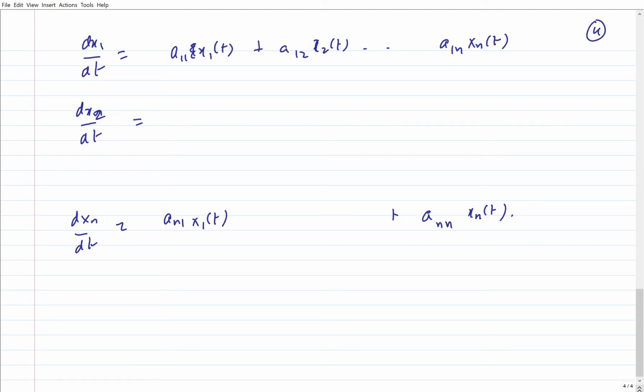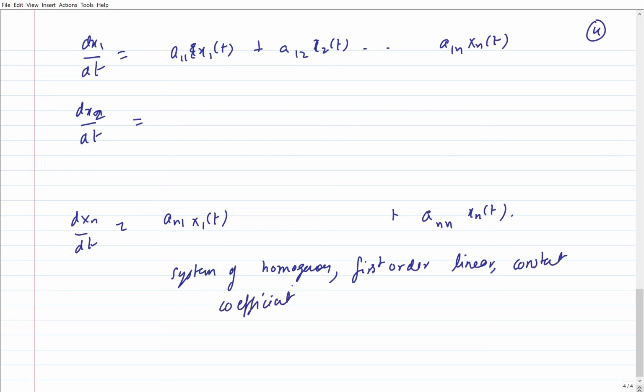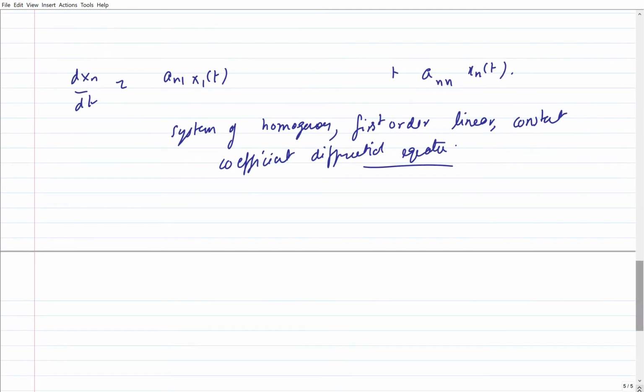So this is a system of homogeneous first order linear constant coefficient differential equations. And the idea is to seek the solution of these. So I just represent this as dx by dt equals A x.